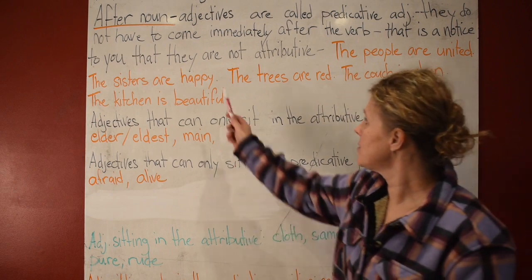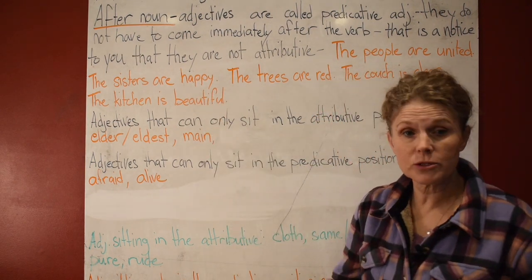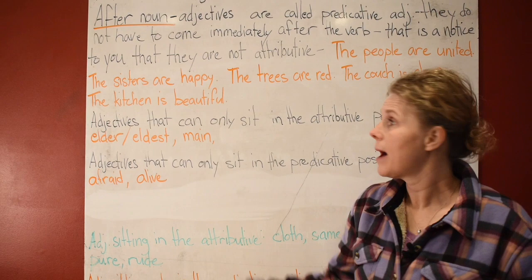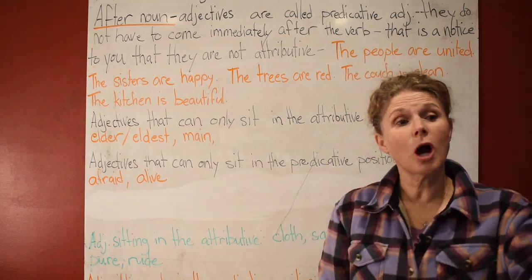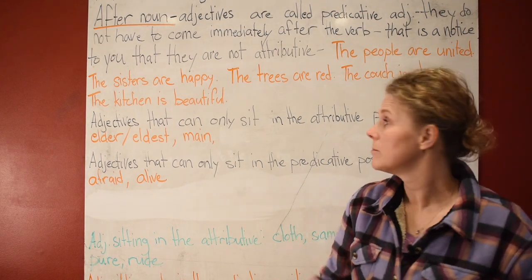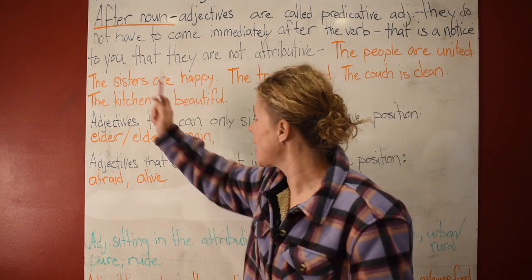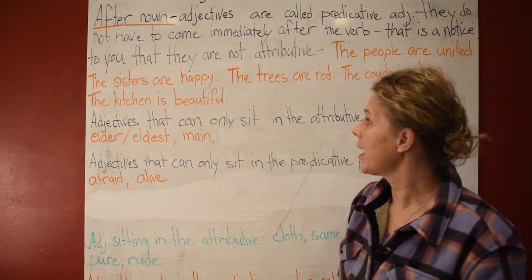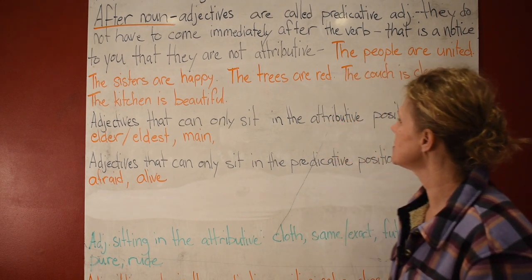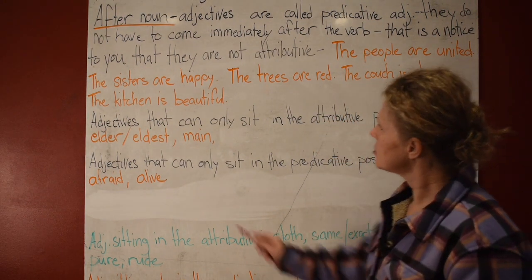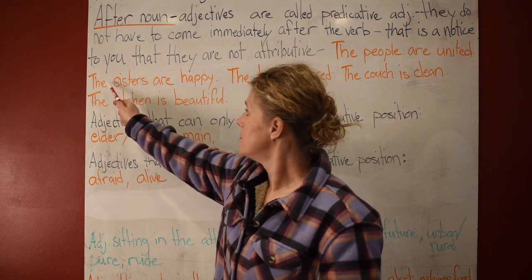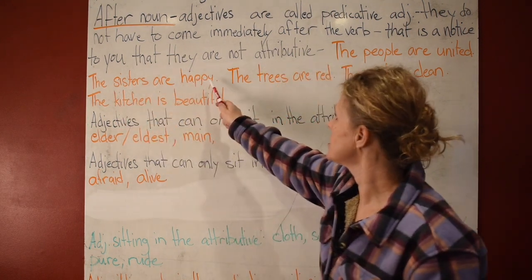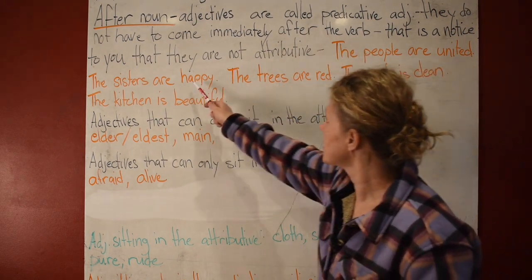And that is called, do you guys remember, a predicate adjective. Now, predicate nominative is a noun, but this is a predicate adjective that describes sisters. Does that make sense? Because you can say the happy sisters, then it would be an attributive position right here. But here it is in the predicative.